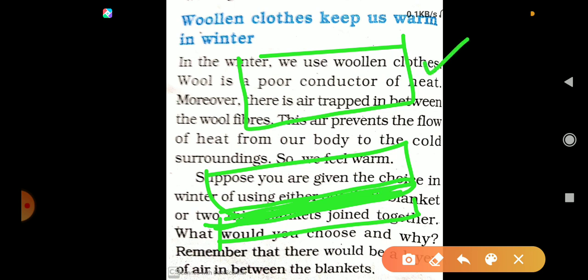But in the first case there is no such layer of air. That's why, because air is a poor conductor of heat and it does not allow the body heat to go out.